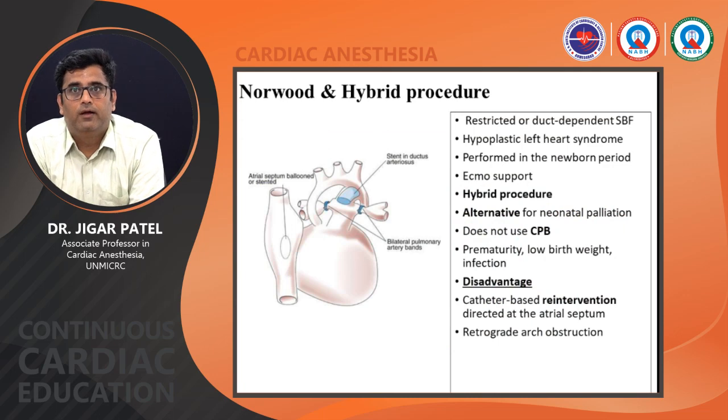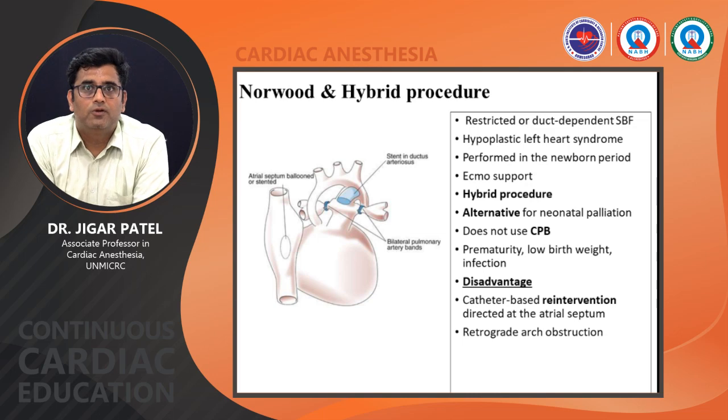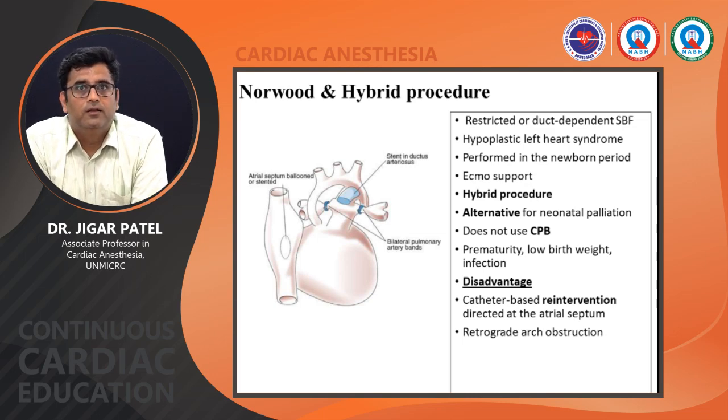Now the alternative to the Norwood procedure is the hybrid procedure. Here it does not require CPB and is done inside the cath lab with both the cardiologist and surgeon. It is indicated in a premature child with low birth weight and with infection. Here they do atrial septectomy and ductal stenting, and surgically we have to do bilateral pulmonary artery banding.